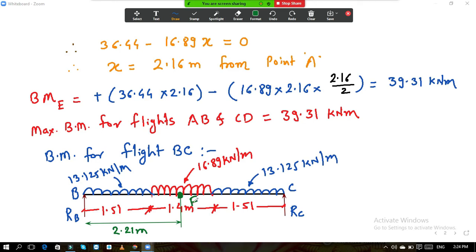Next is next UDL, 16.89 into 1.4. This will also act at the center of this 1.4. So again, its distance from point C, it is the same 1.51 plus 0.7, it is 2.21.